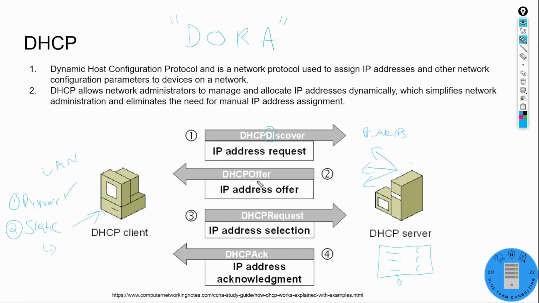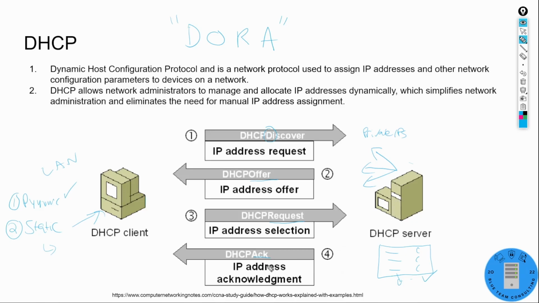O stands for offer. The DHCP server will offer an IP address to it to be like, hey, do you want this IP address that I have available in my chart? The client will then, R stands for request. It will request to say, yes, the IP address is good with me. Please mark me in the table as confirmed. And the DHCP server will then say, A stands for acknowledge.